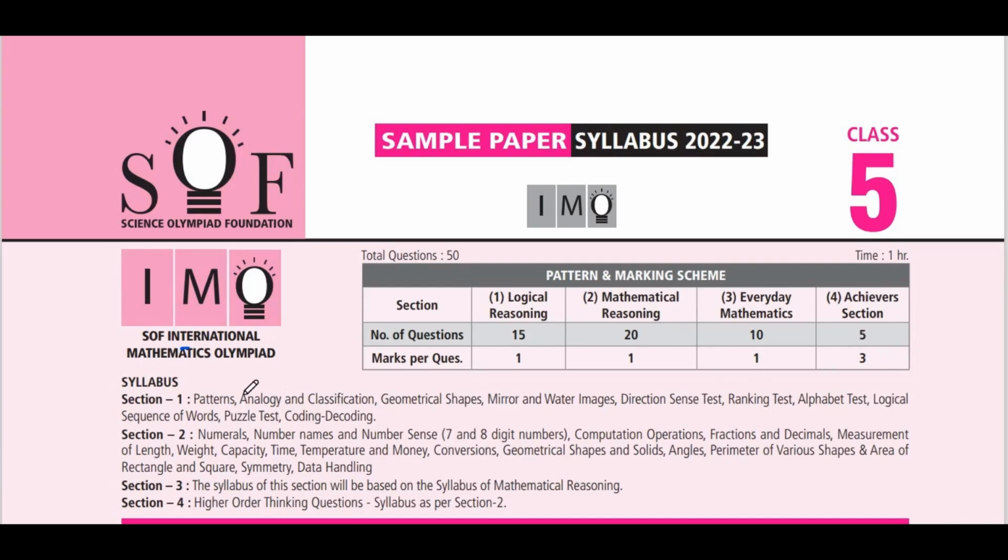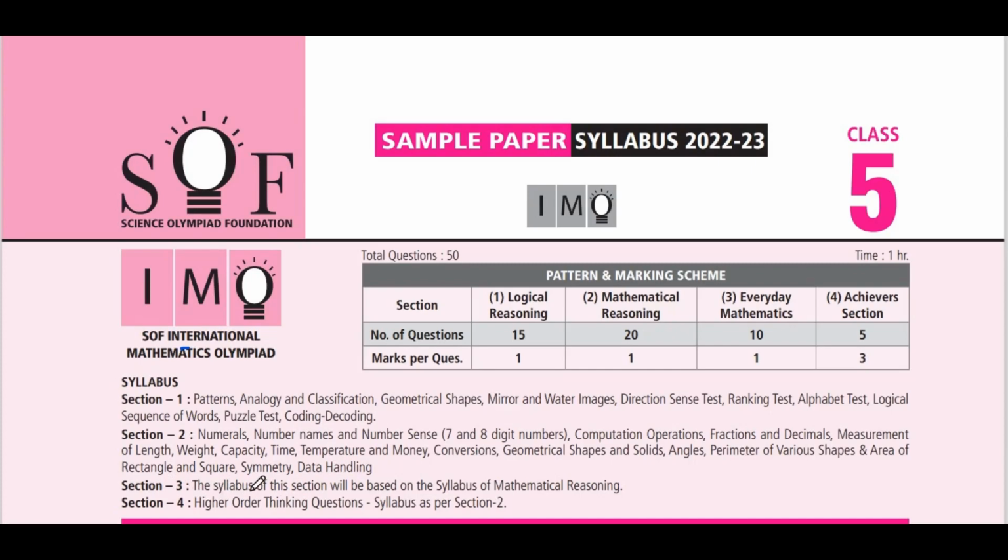So now let's see the syllabus. For section 1, we have a separate syllabus: patterns, analogy, classifications. There are lots of chapters here. You can note it down or take a screenshot of it so that you remember what the chapters are in section 1. And section 2 will be the same as your math portions in grade 5. So you can note these chapters also.